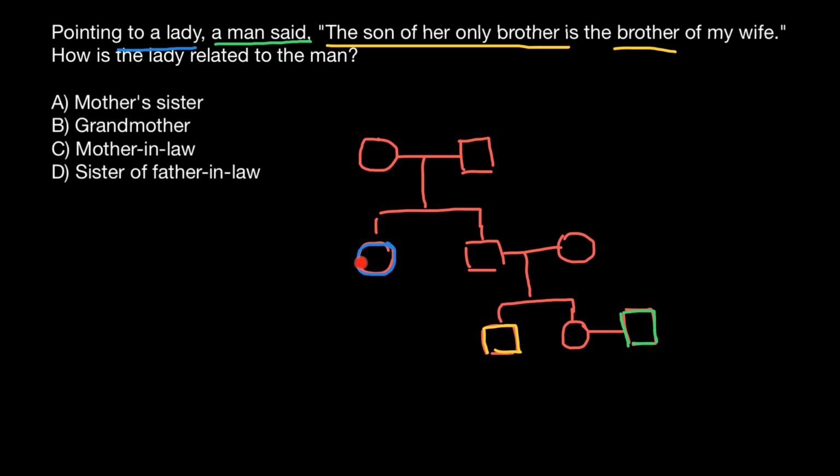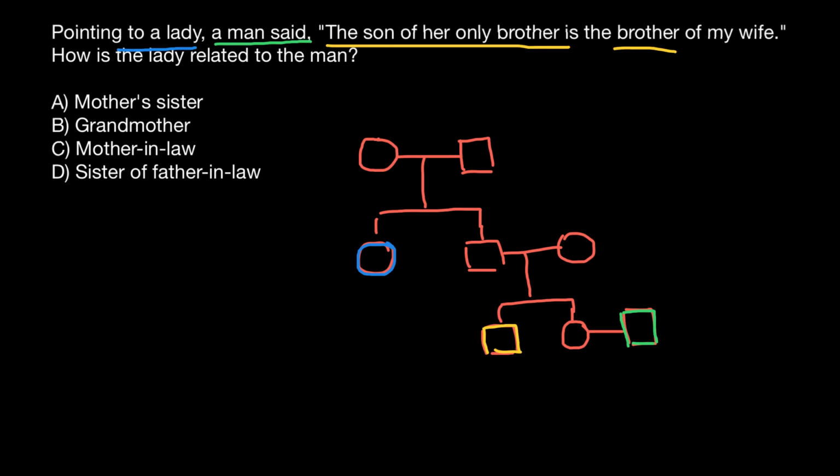So pointing at the lady, this person is saying the son of her only brother is the brother of my wife. So how are these two people related? For example, let's check answer A, mother's sister, and we don't have in this pedigree a mother of this person at all.